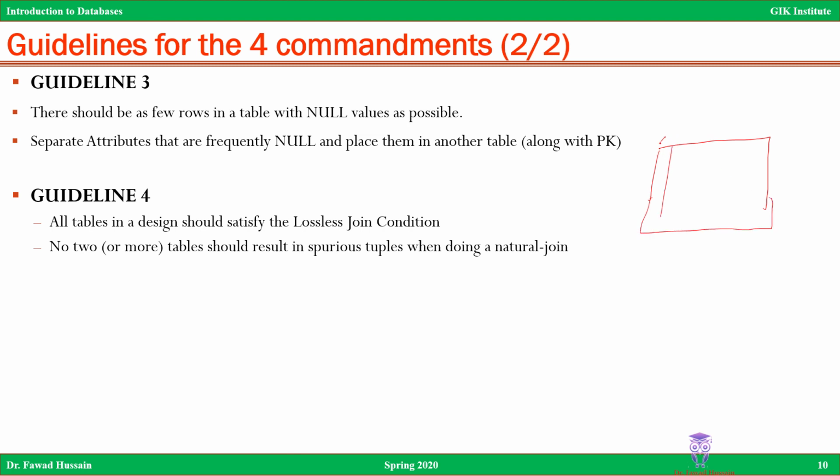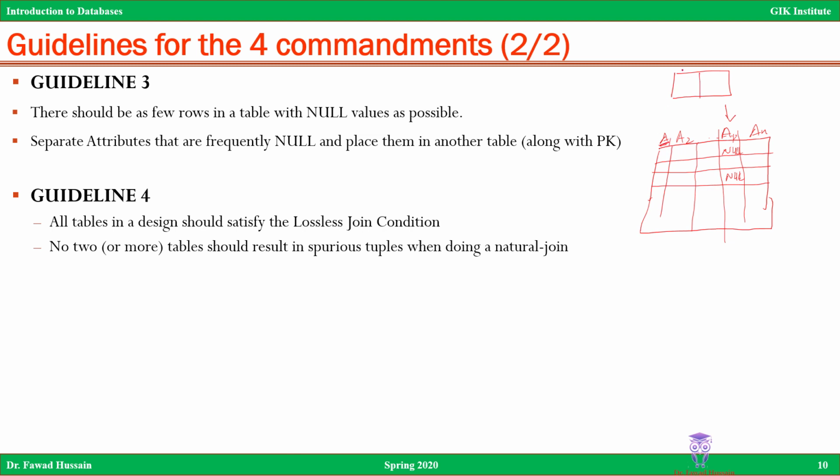there are different attributes, A1, A2, and so on up to AN. Let's assume A1 is my primary key, and some attribute, let me say AP here, has a lot of null values. What I can do is remove this attribute from this table and make a new table which has only two attributes.